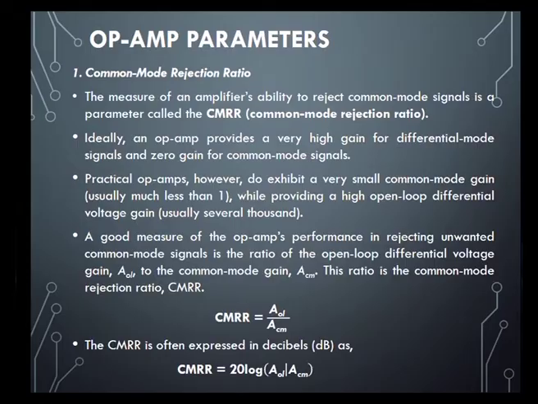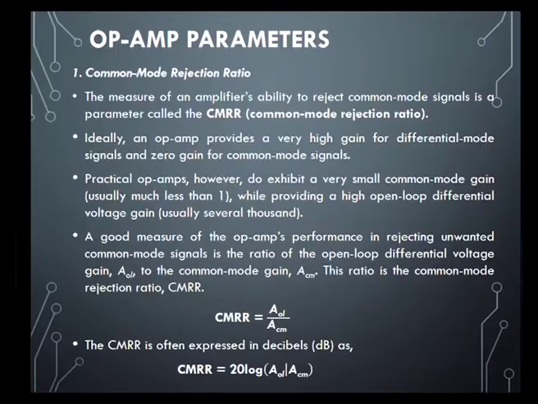One should know what value of CMRR an op-amp needs in order to work well. To perform in a good manner, an op-amp has to reject the unwanted signal. The CMRR can be represented as the ratio of the differential open loop gain to the common mode gain.